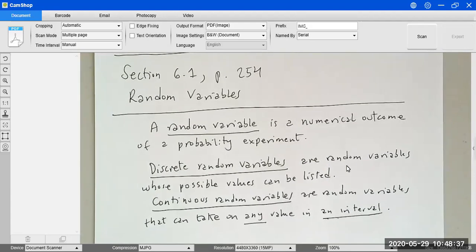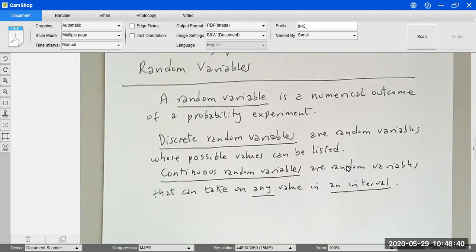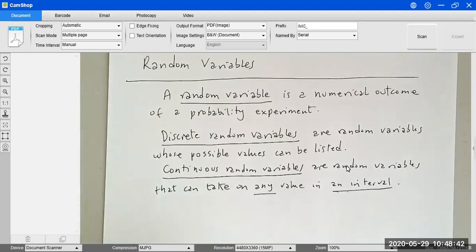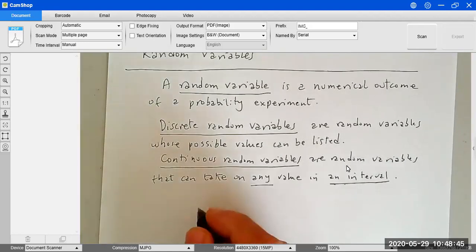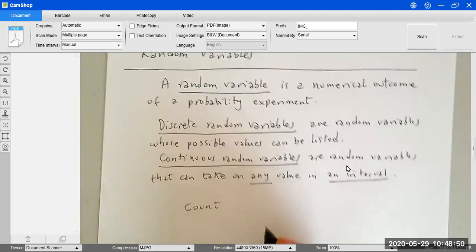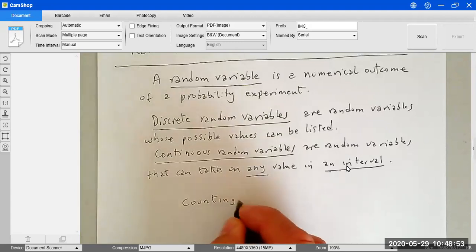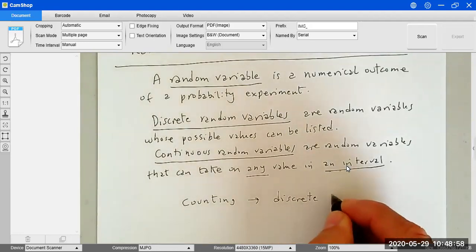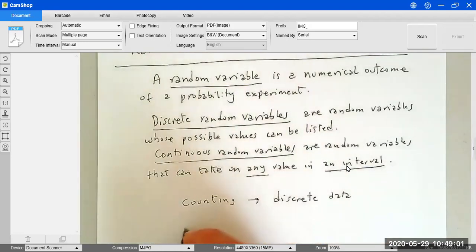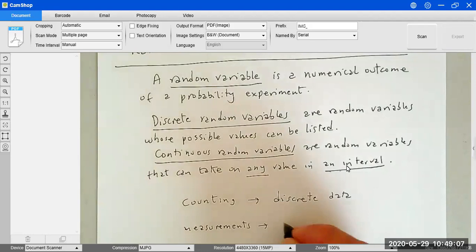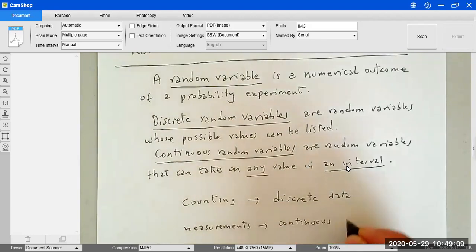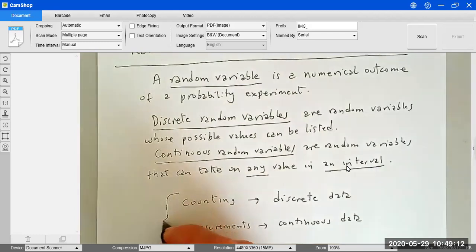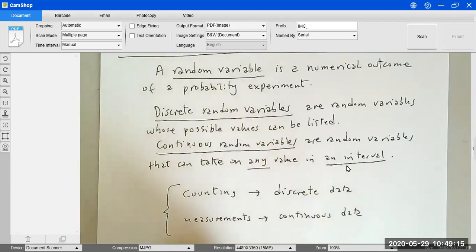If you remember our previous lectures, we said that when you can count, counting gives you discrete data. If you perform measurements, then you get continuous data.